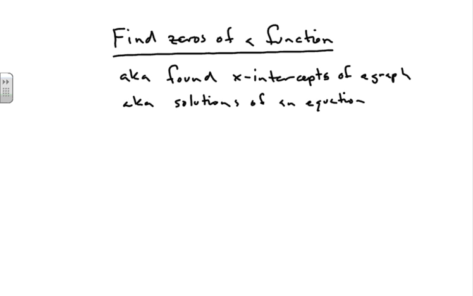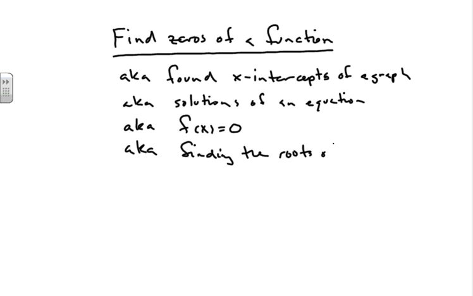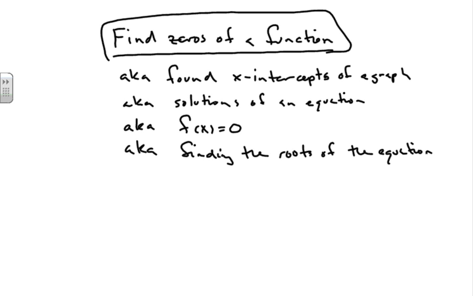You have done several different things. Many times you'll say find f of x equaling 0. Other ways of saying it are finding the roots of the equation. In any case, what you are doing is finding zeros of a function, or finding x-intercepts of a graph. They all mean the same thing.